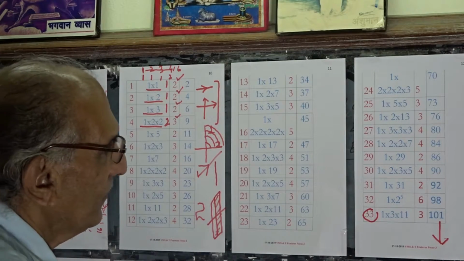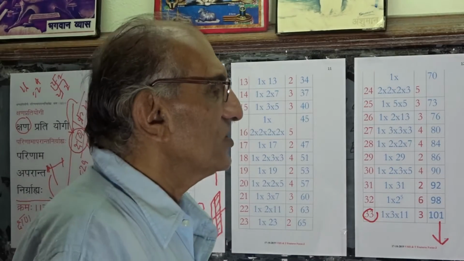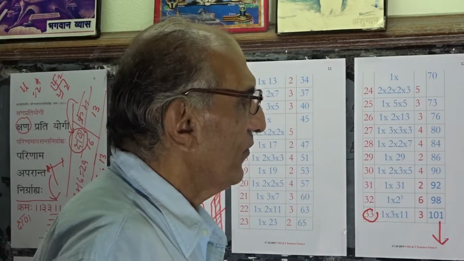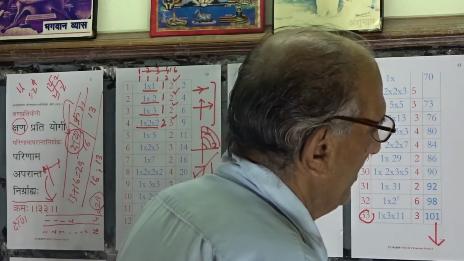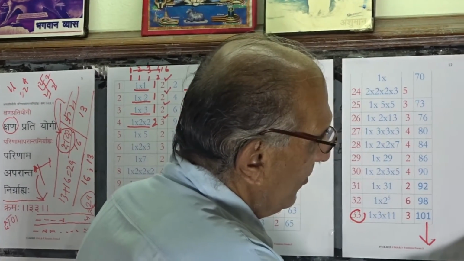It is of great features and leads us to a very powerful format, the format of 101 branches of a Yajurved.